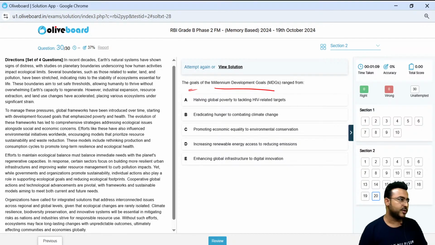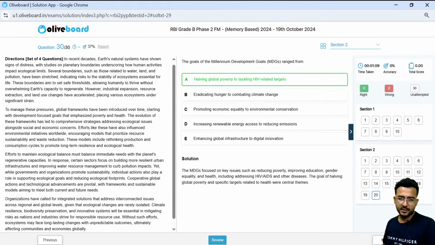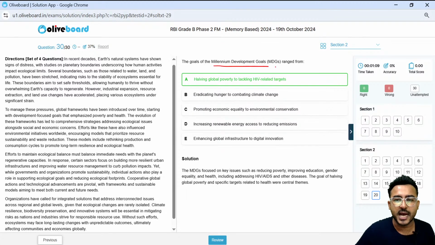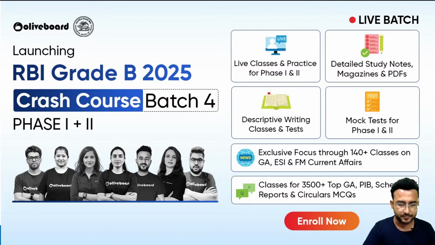Only those students who have read the entire history of this SDG topic will be able to give the answer here. Option A is correct: halving of global poverty and tackling HIV-related targets was the goal of the MDGs. However, as per my understanding, it is not so relevant now. Still, they have asked this question in the examination.